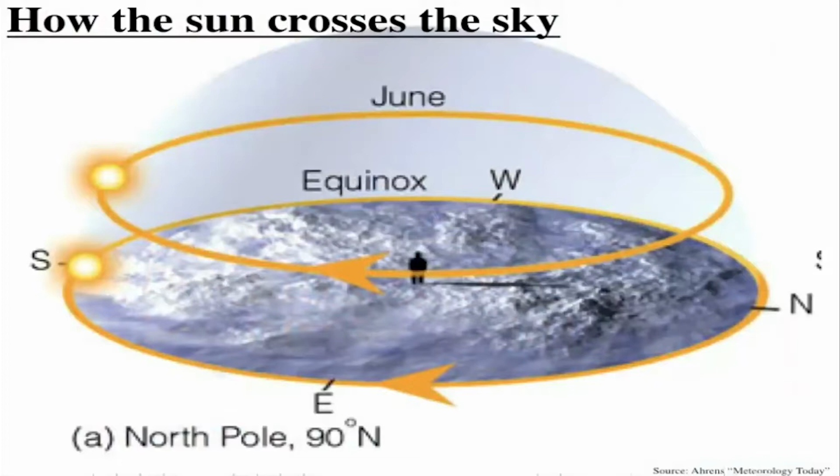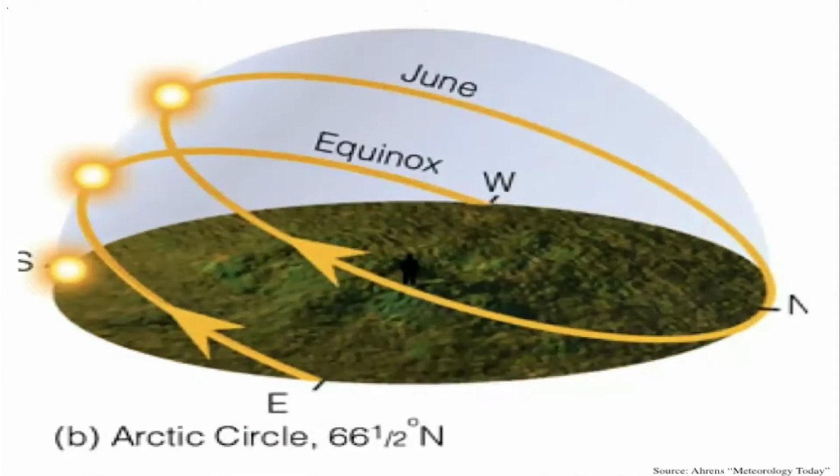Come a little bit farther south, though, and now these circles that were going around your head are tilted at an angle of 66 degrees to the perpendicular. And notice on the first day of the summer solstice in June, you see the full circle there. The sun goes up in the sky, and it just looks like it's about to set before it returns back up into the sky again.